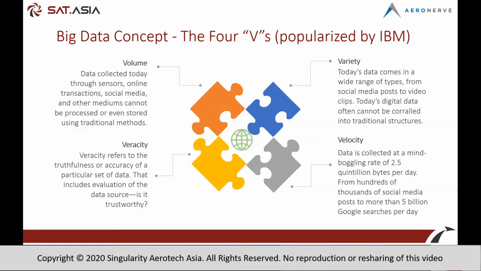And the last V is veracity. It refers to the truthfulness and accuracy of a particular set of data. Again, as I explained just now, when you take the data, traditionally it comes from various sources, and some sources are humans themselves, and humans tend to make errors. So when you first see the data, you probably will say, maybe this is not right. The accuracy is not there.